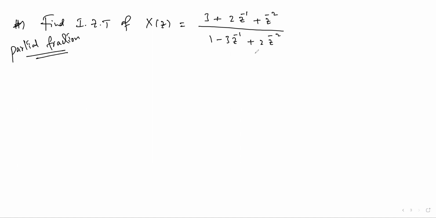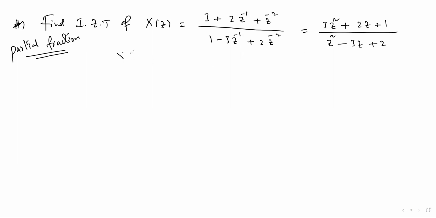So to get into partial fraction method, first convert this function into z. So second order, so multiply with z square, both the numerator and denominator. You will get this one, 3z square plus 2z plus 1 divided by z square minus 3z plus 2.